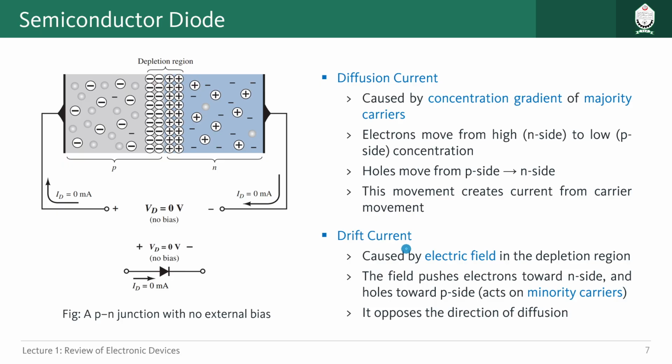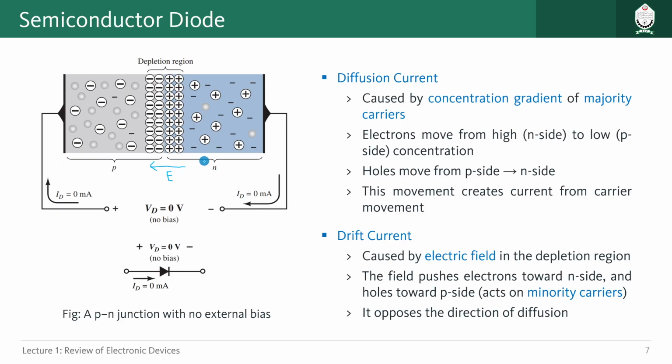And drift current is happening because of the electric field caused by diffusion current, right? Because of diffusion current, an electric field has been generated across this depletion region, the direction of which is in this direction. It will actually help minority carriers to move. If there is an electric field in this direction, that means what?